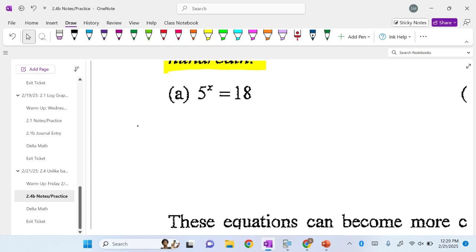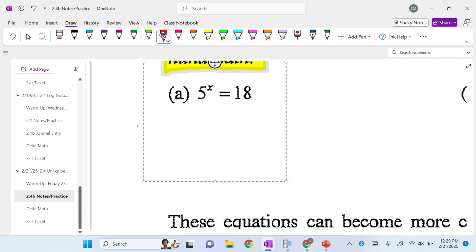That's what you should ask yourself when you see an exponential equation. Can I make a common base? If not, we use the log method. Can I make a common base here? Yeah, there's no possible way. The next step up from 5 is 25, which is over 18. And 5 doesn't fall in any other bases below it. So there's no common base, so we have to use the log method.